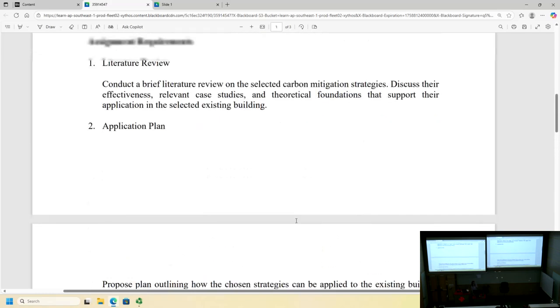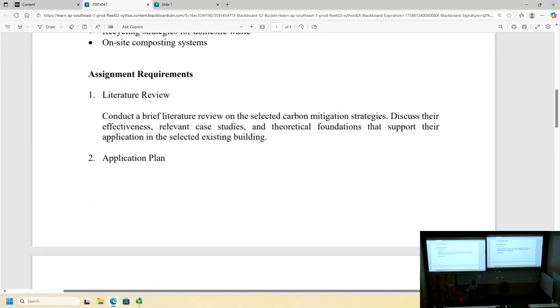Like in the literature review section, you can refer to case studies by others, like the application of a certain kind of system in buildings elsewhere, and it's proved to be quite effective. So you can apply the case study results by others. But for the existing building you have chosen, you don't need to do any calculations. Just some general comments.